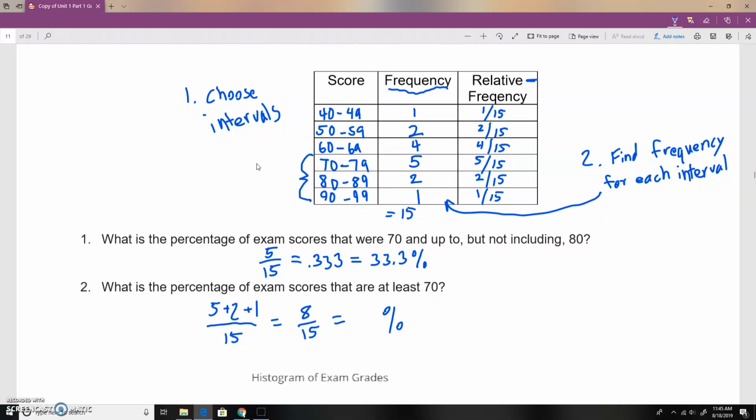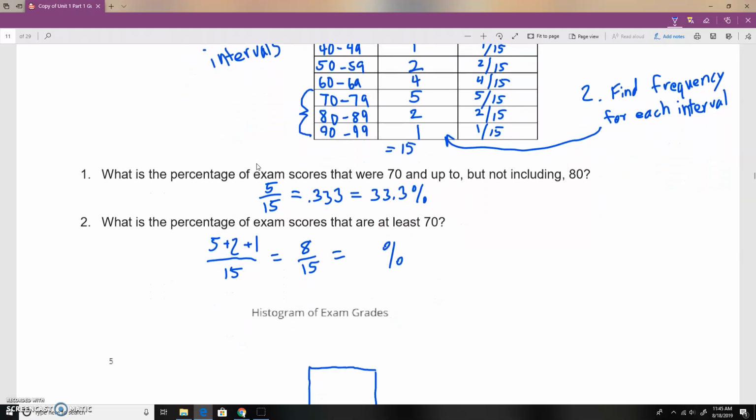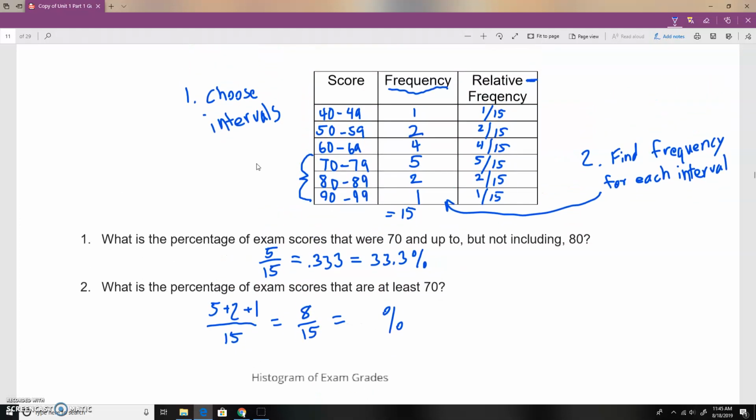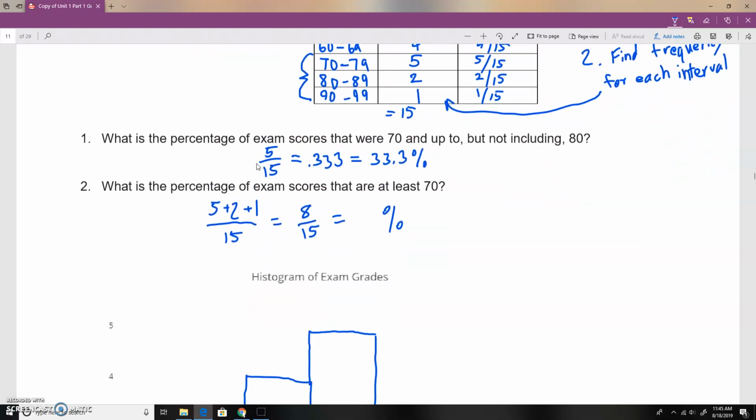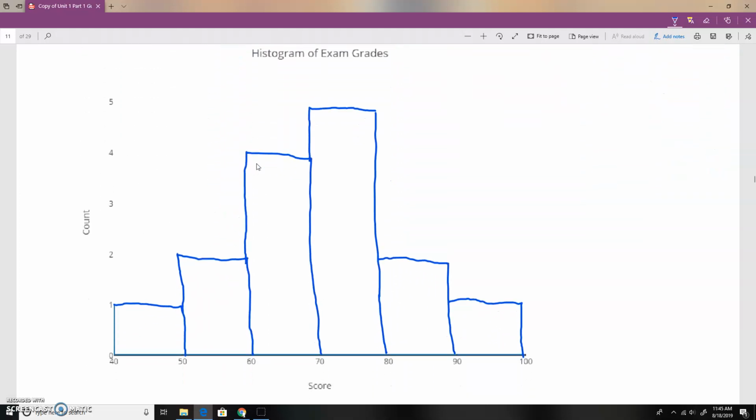Okay, so let's look at the actual histogram now. Well, we have those frequencies and we have our intervals. So that helps us to draw and label our scale, which is our step 3.